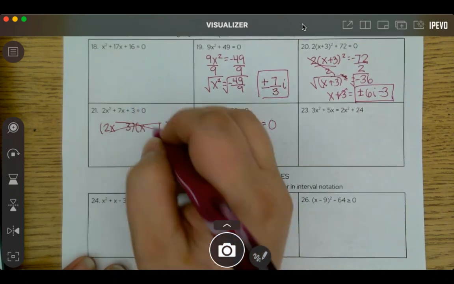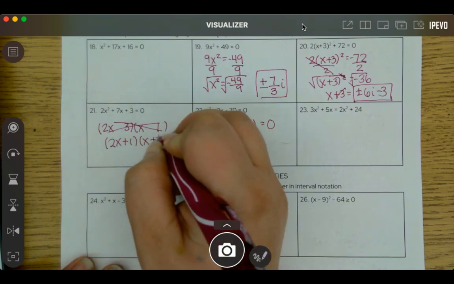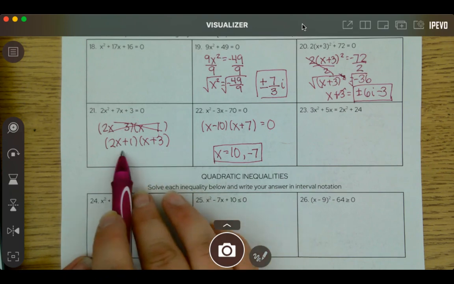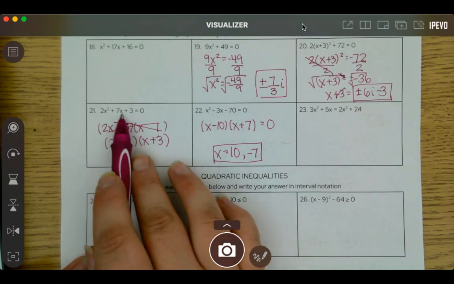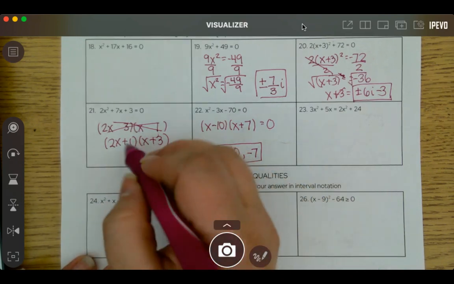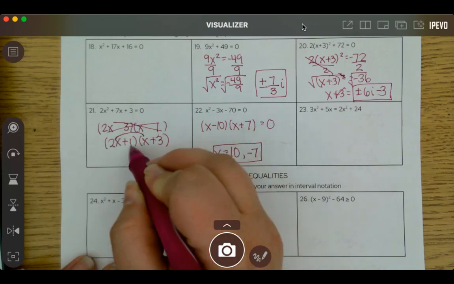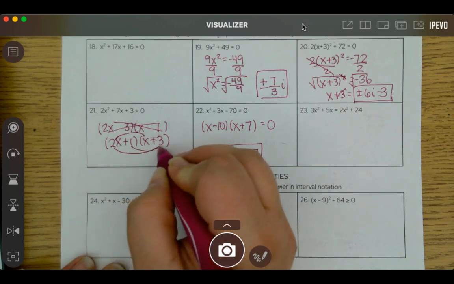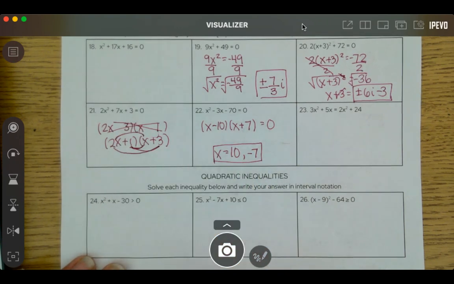So it has to be 2x plus 1 and x plus 3, because then I get 6x plus 1x, which is 7x. If you have no clue what I'm doing there, I already know that this makes 2x squared and that this makes 3. I'm just making sure my outsides and my insides add up to the middle number.